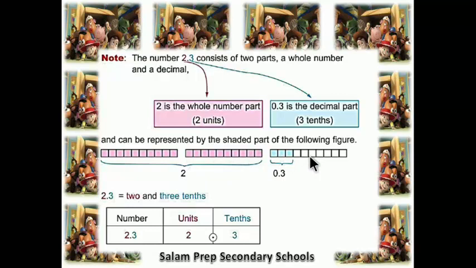The third line, we need only to color 3 squares from 10 squares. We will color 3 tenths.